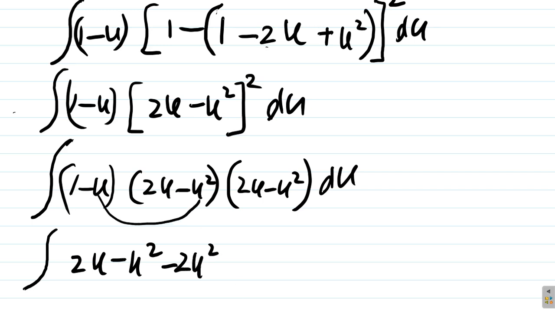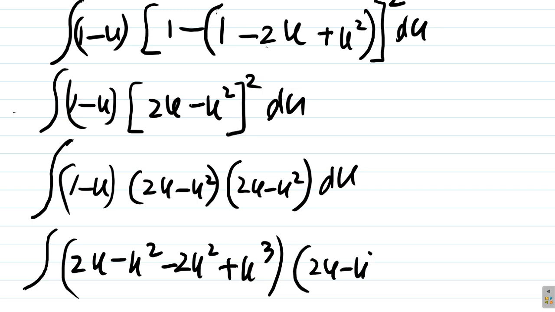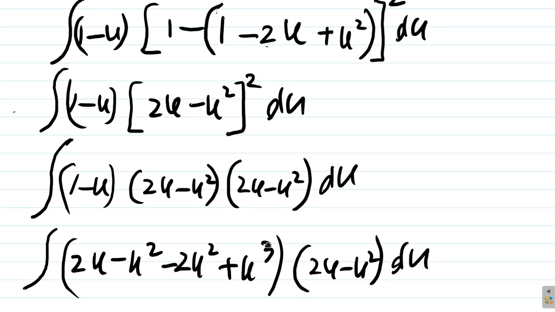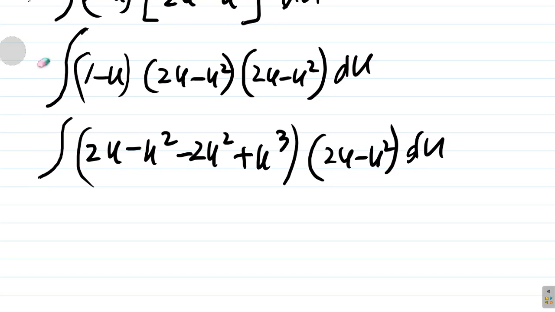Negative u times u squared is going to be plus u cubed. And this is multiplied by 2u minus u squared, du. But here, negative u squared minus 2u squared is negative 3u squared. So let's just write it as negative 3u squared.